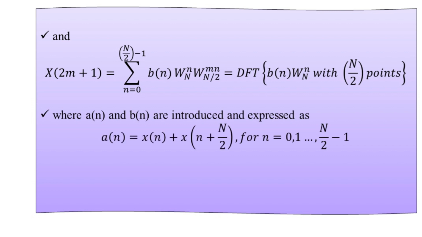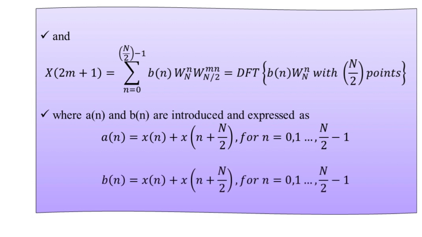So a of n is equal to x of n added to x of n plus capital N by 2, for the values of small n equal to 0, 1 and so on up to capital N by 2 minus 1. Whereas small b of n is equal to x of n minus x of n plus capital N by 2, for all values of small n equal to 0, 1 and so on up to capital N by 2 minus 1 here.